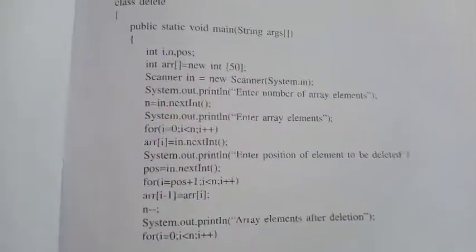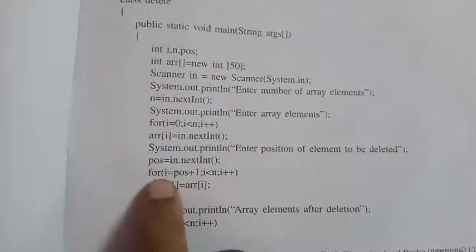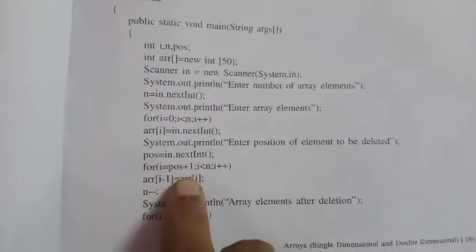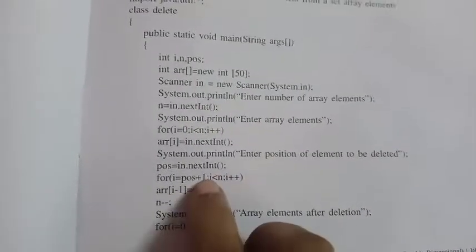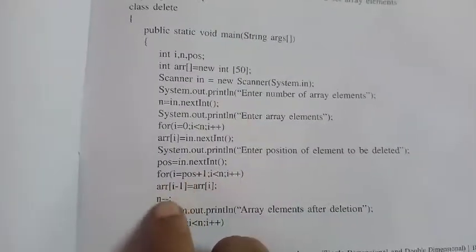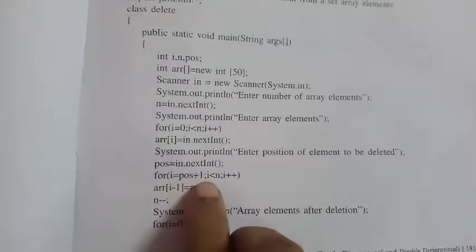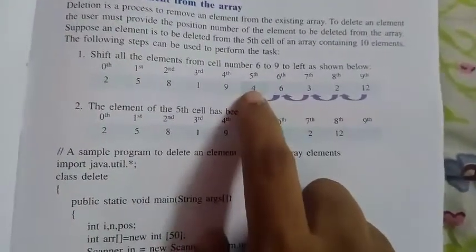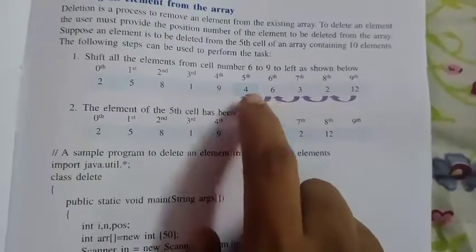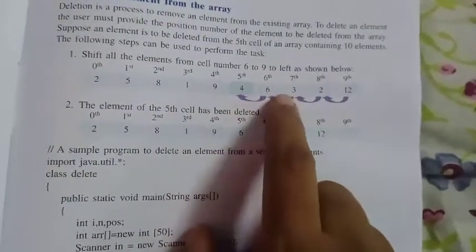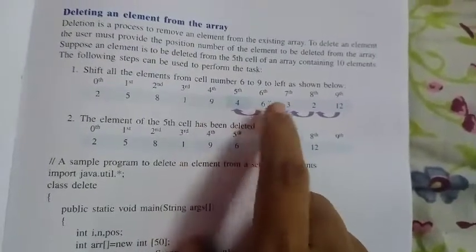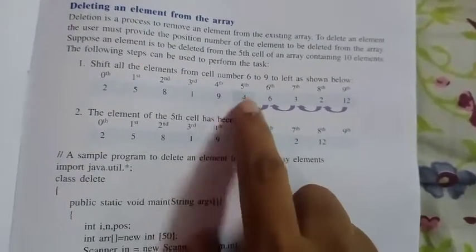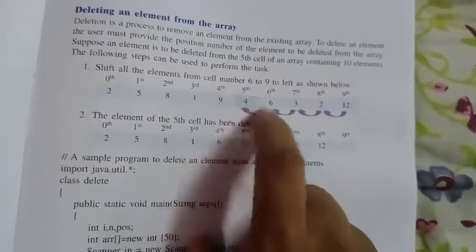So for this they have given for i is equal to position plus 1, i less than n, i plus plus. Why they have given this: see here, if this is the position to be deleted, you are going to shift the next position's element to this position where you want to delete.